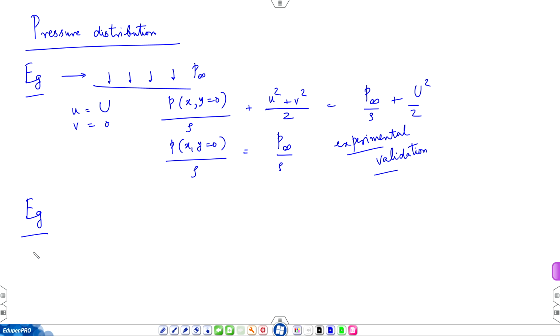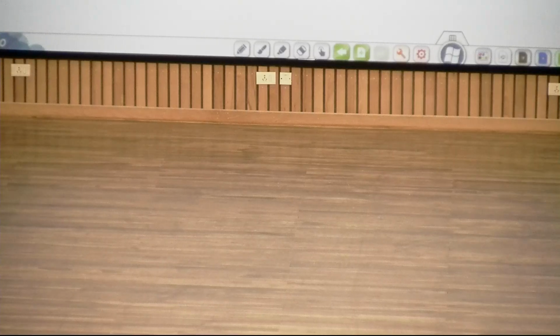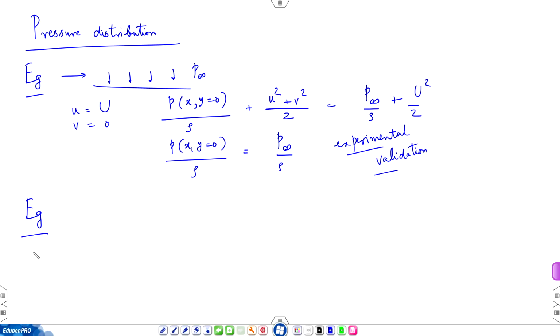Let us look at the second example of flow over a fixed circular cylinder. So, now we are distinguishing between a fixed cylinder and a rotating cylinder. So, the first example was a fixed cylinder.